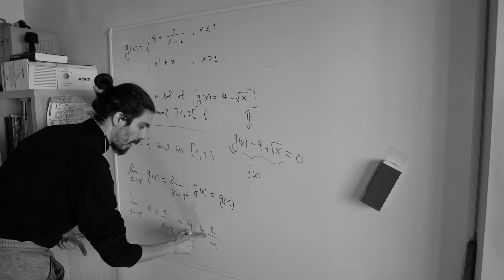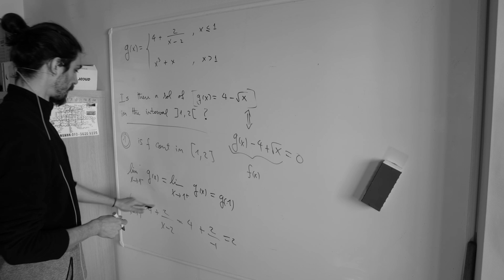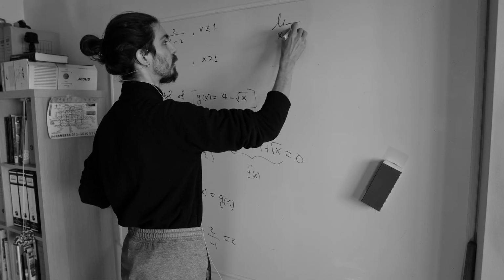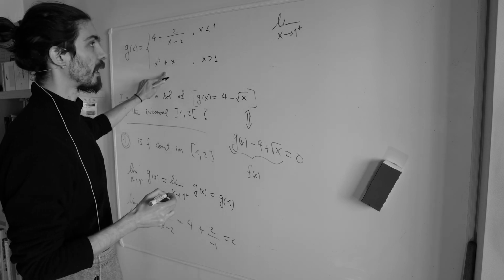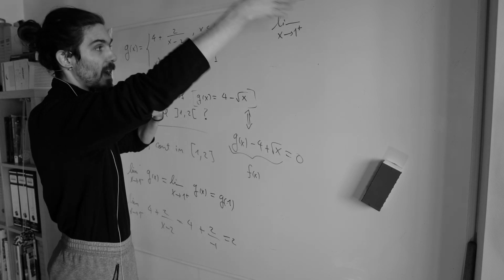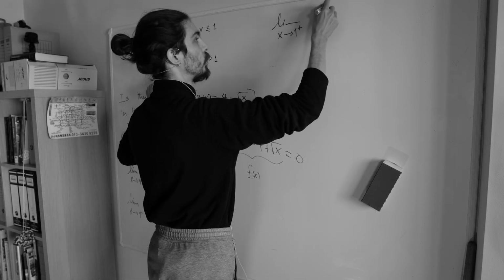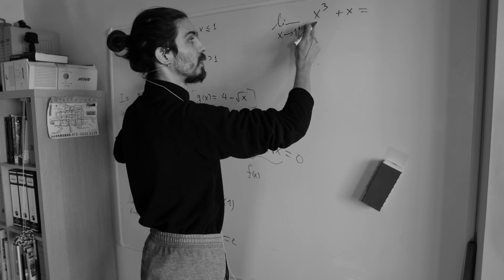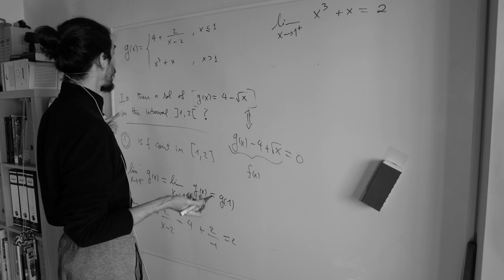So you get 4 minus 2, which is equal to 2. Now let's see the second one. The limit when x goes to 1 from the right, so you have to use the second branch, because we are after 1 here. So you have x cubed plus x. You just substitute, it's 1 plus 1, so this is equal to 2.